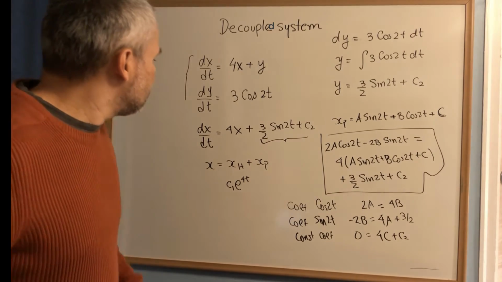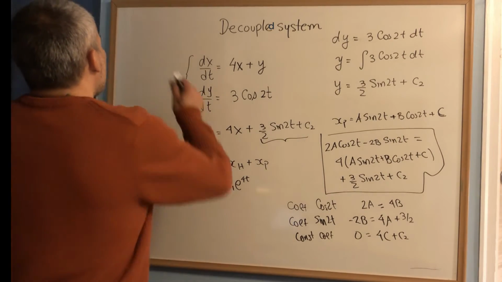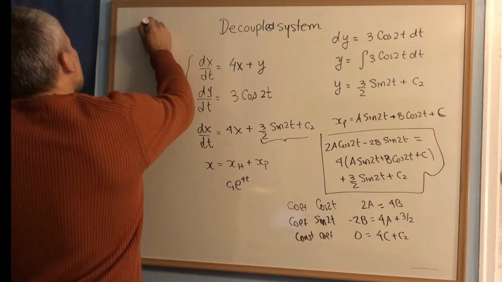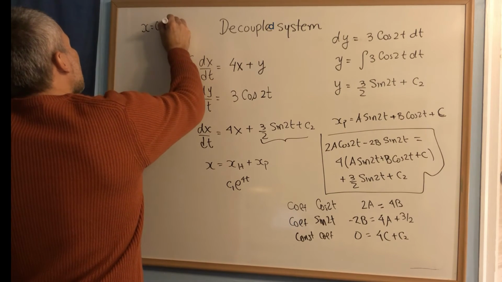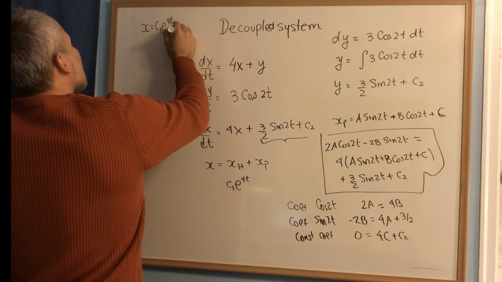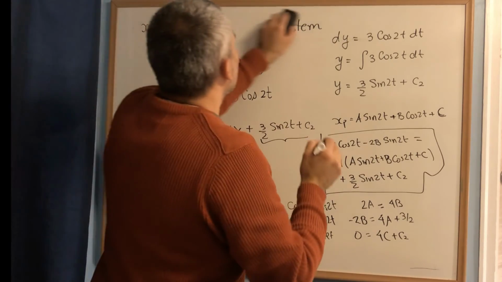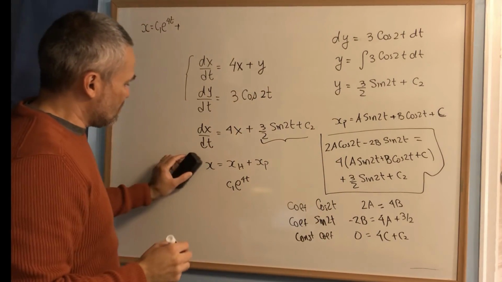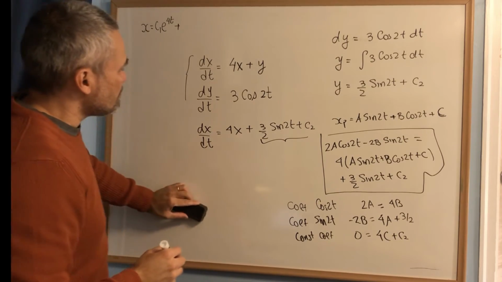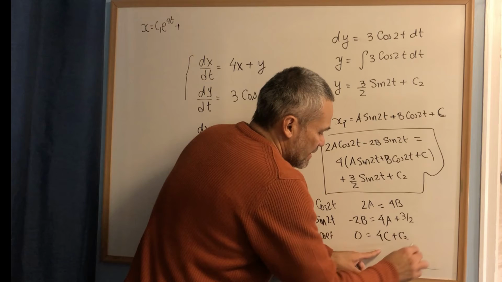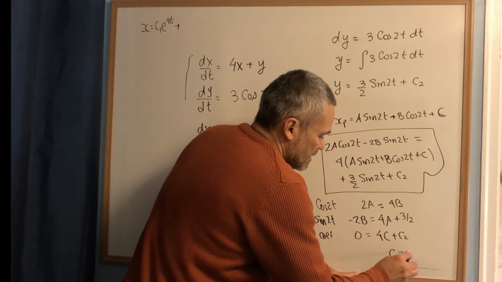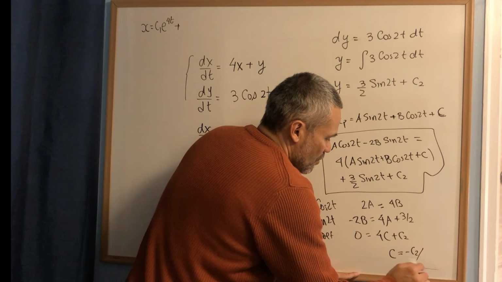Okay, let me write here what we have so far. The x is c1 e to the 4t, and we are just waiting for the particular solution. Right? Then from here we get that C is just negative c2 over 4.